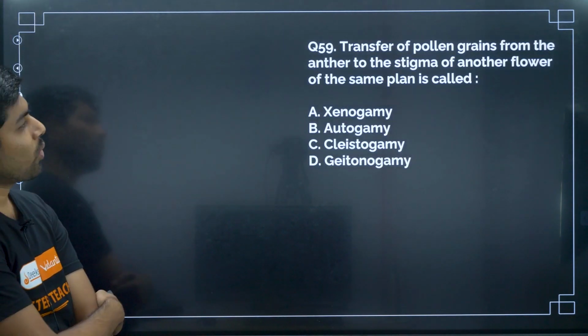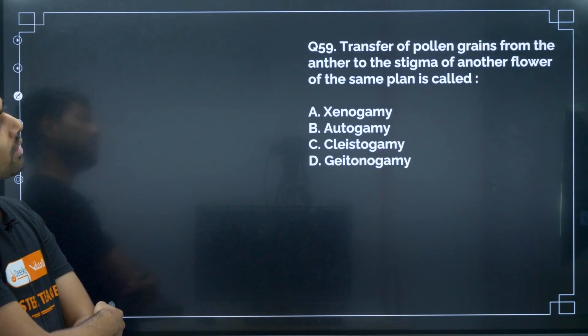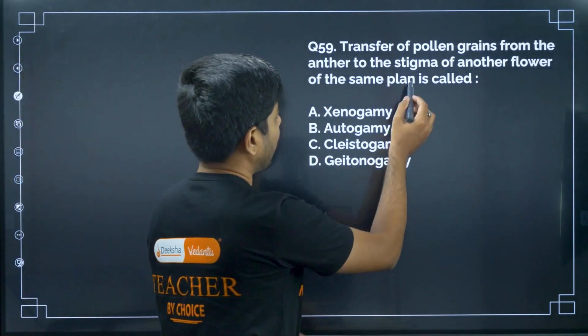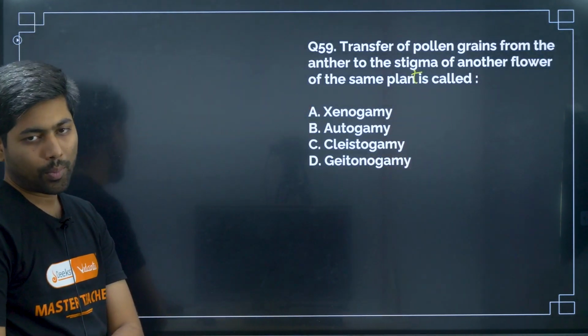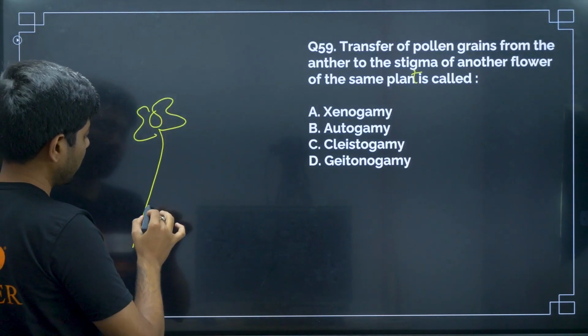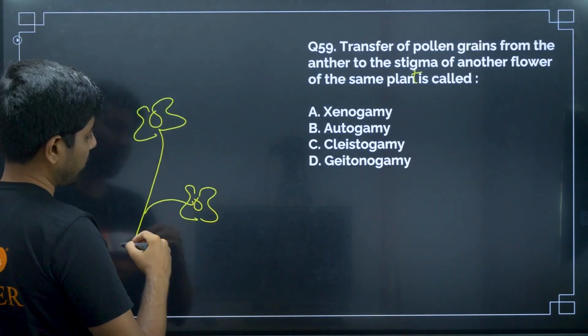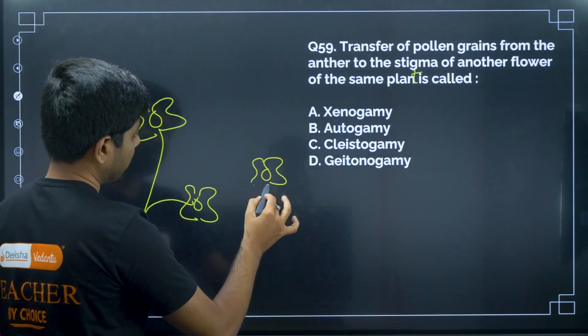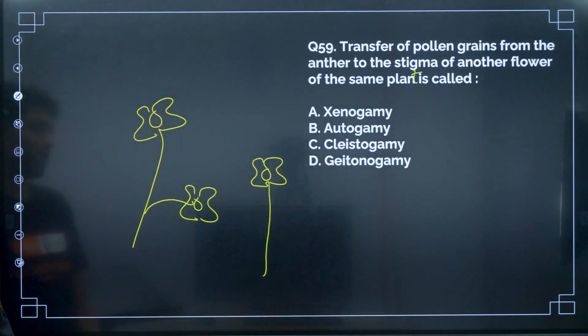Now transfer of pollen grains from anther to the stigma of another flower of the same plant is called what? Another flower of the same plant. Now if you remember, this is a flower, this is another flower, and this is another flower of a different plant, right?